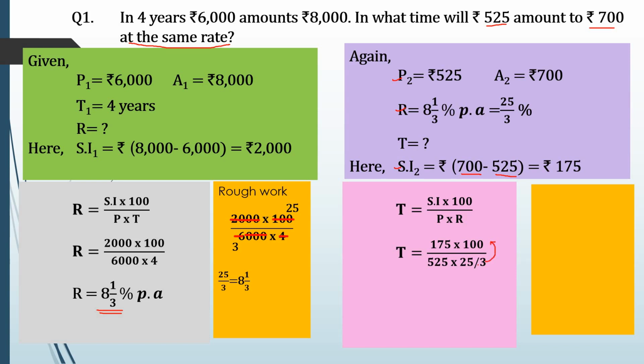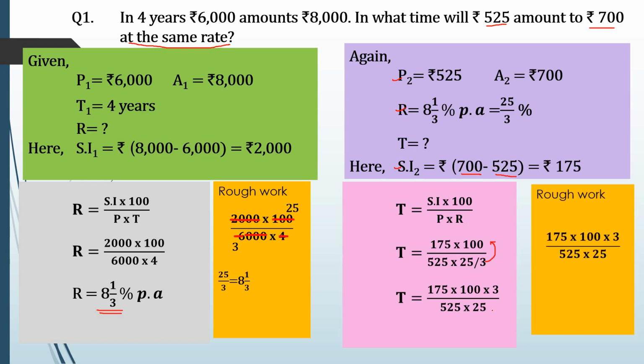So in the third stage we'll write this 3 in the numerator. So T is equal to 175 into 100 into 3. How this 3 came over here? From this denominator. Divided by 525 into 25.